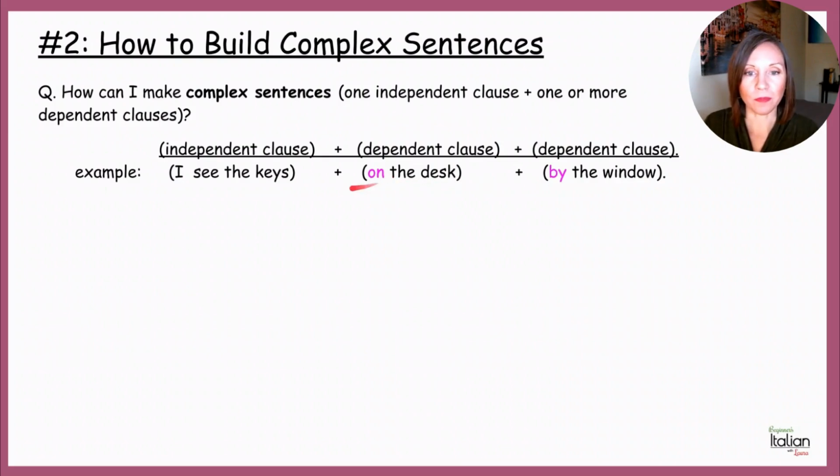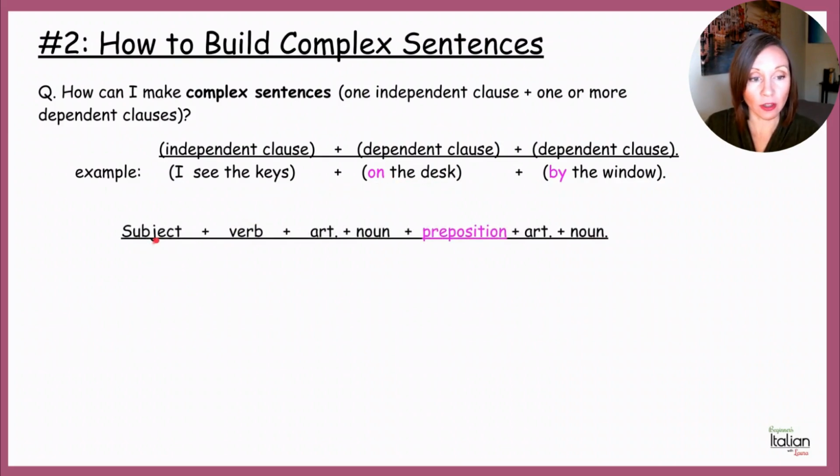So, for another example, let's look at I read the book on the table. We have our independent clause here, which is I read the book. So you can say I read the book, period. But we make it a complex sentence by adding our dependent clause here, on the table.